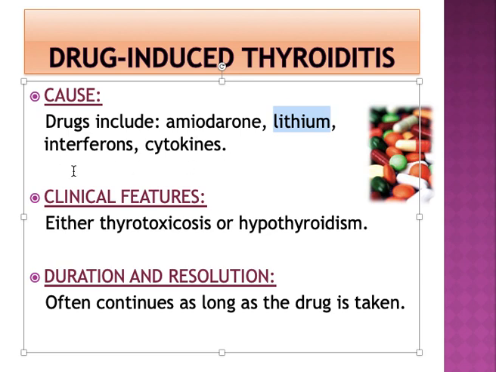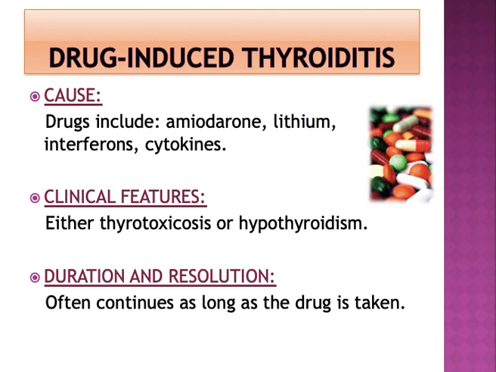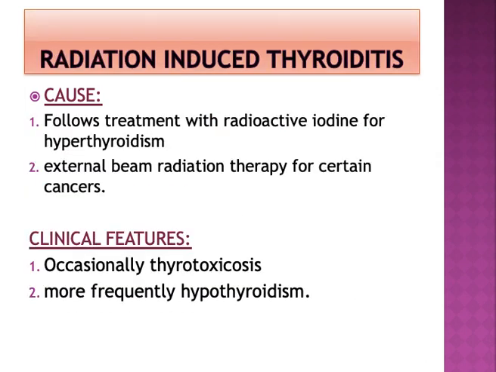Interferon and cytokines are used in treatment of many viral conditions like hepatitis B, C, and many other conditions. Radiation-induced thyroiditis: many people who receive radiation for the treatment of cancers can have it, because radiation can damage any organ. Of course, it can damage the thyroid gland as well. And once the thyroid gland is damaged, the patient will go into hypothyroidism.